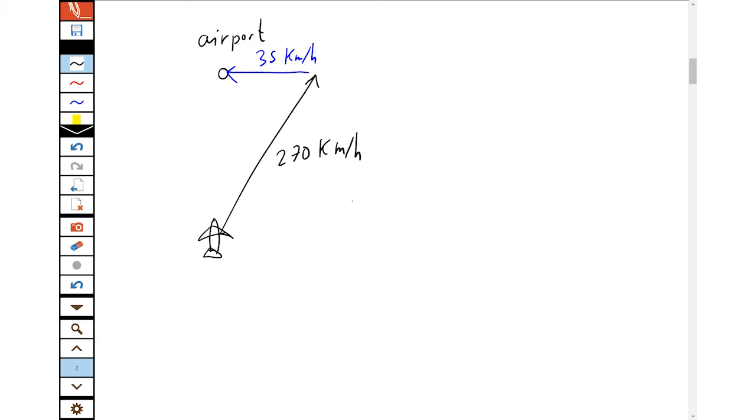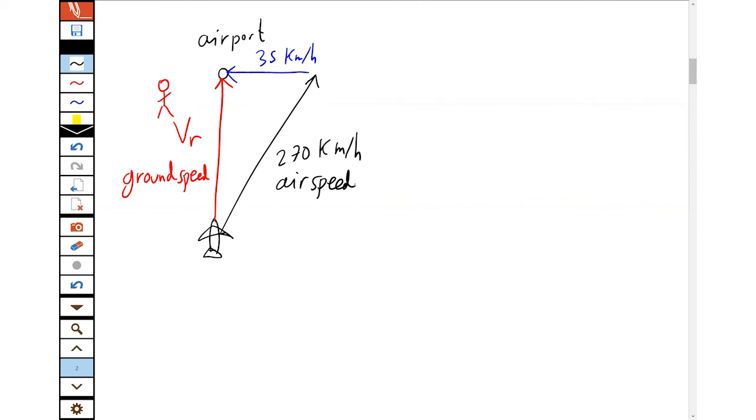That's a term sometimes used in this. The plane compared to the air is going 270 kilometers per hour. Well, now when we add these, we see the result will take us to the airport. And this resultant is sometimes called the ground speed, because that's what it looks like to somebody on the ground just looking up. Hello. Whereas the plane's speed is sometimes called the airspeed, because that's what it's doing in the air. It doesn't care that the air might be blowing it around with the wind and doing all sorts of stuff.